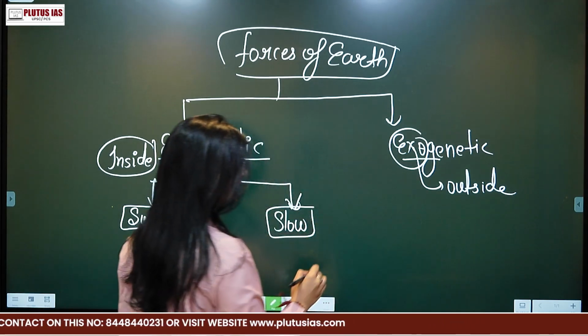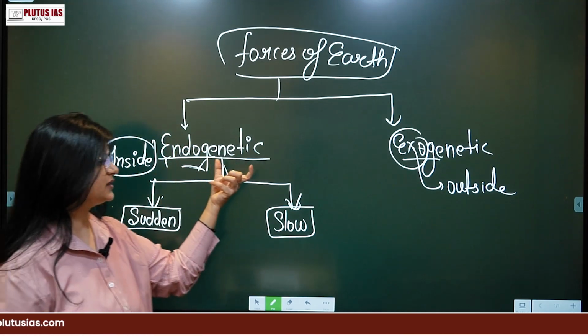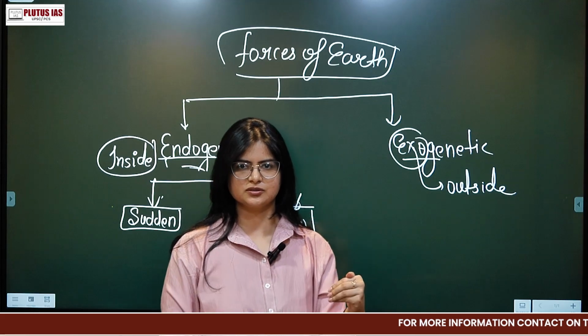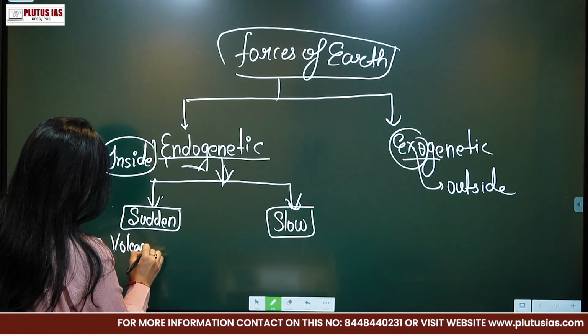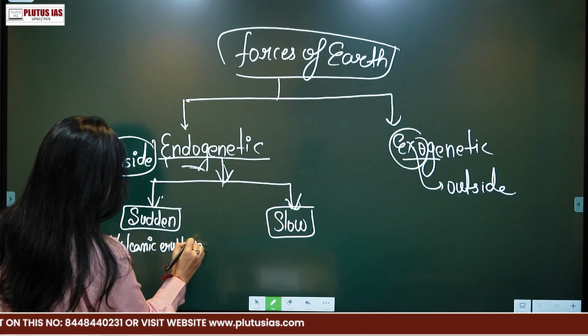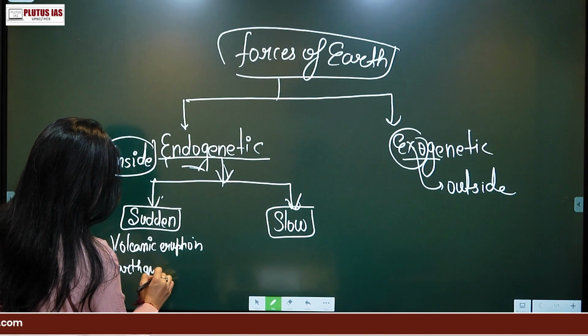So we have defined both the processes, sudden and slow. This endogenetic can be divided into a sudden process, for example your volcanic eruptions, that we categorize into sudden process. It's a sudden activity. Similarly, your earthquakes, that is also sudden.